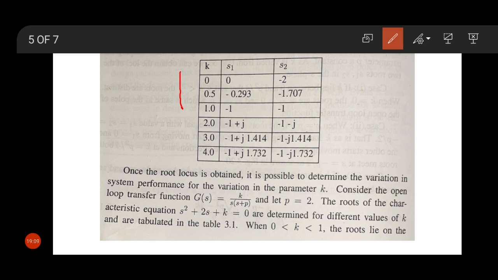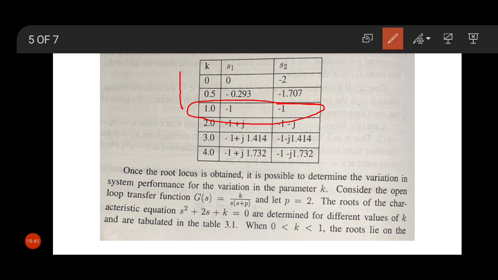When k equal to 0.5, the roots are minus 0.293 and minus 1.707. So when k is between 0 to 1, the roots lie on the negative real axis, which corresponds to an overdamped response. When k equal to 1, the roots are equal, that is minus 1, and this corresponds to a critically damped system.